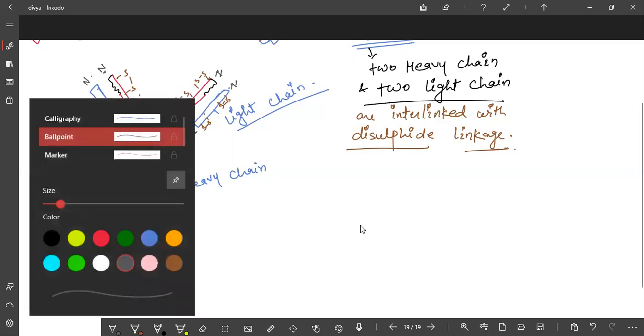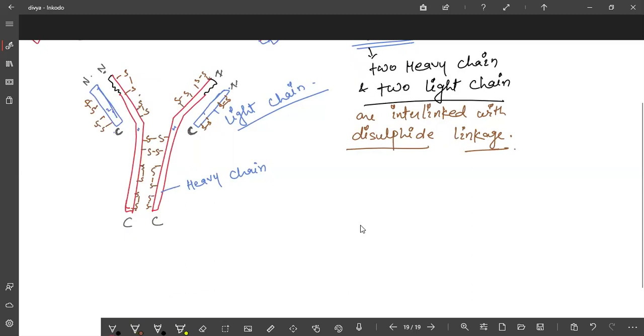And why is it called N terminal and C terminal? Amino acid structure. Do you know about amino acid structure? What are amino acids? You had studied in biomolecules. Carboxylic group, amine group, one hydrogen, and one is called variable group. This is the structure of amino acids. And when amino acids are linked, a polypeptide is formed.